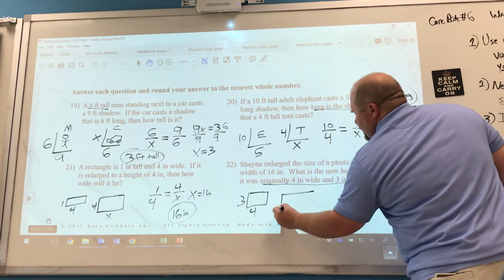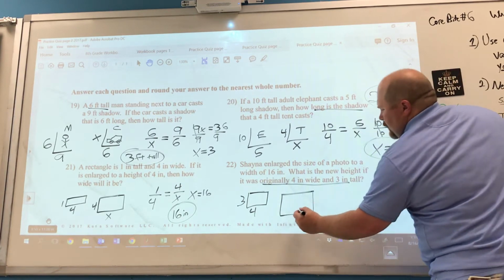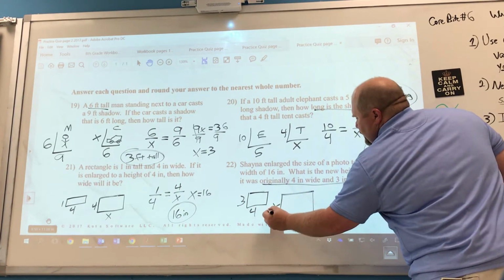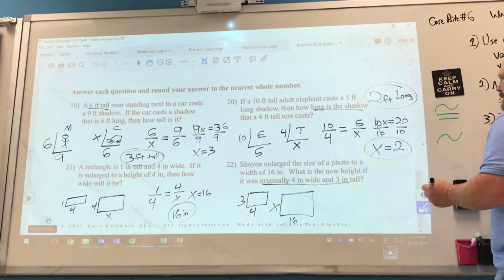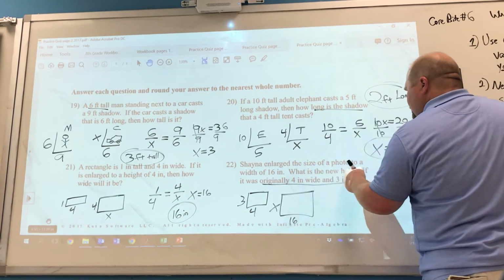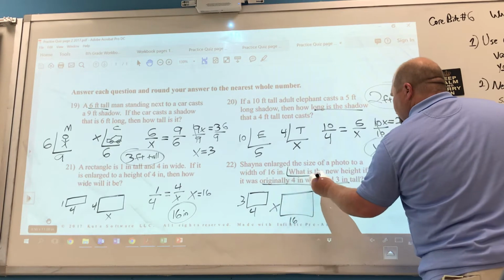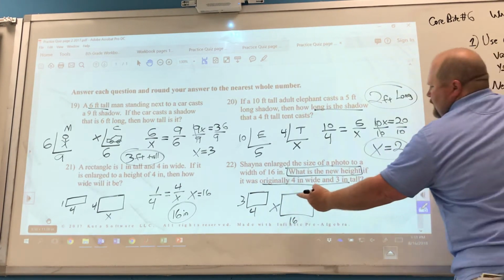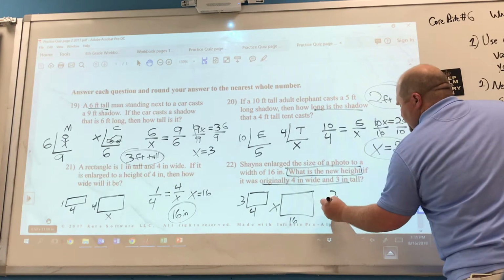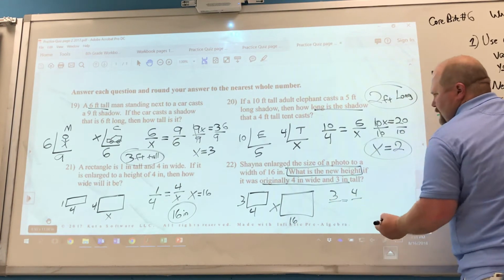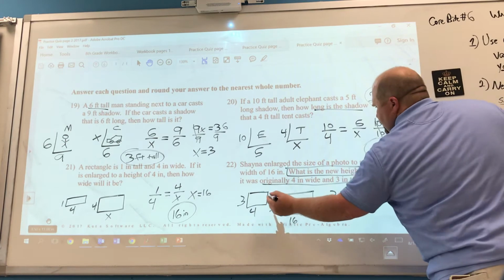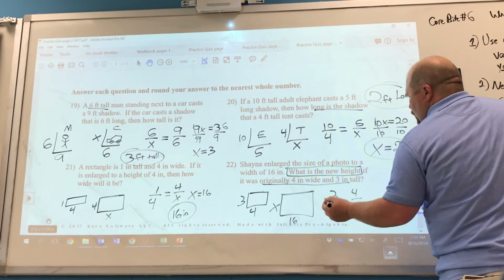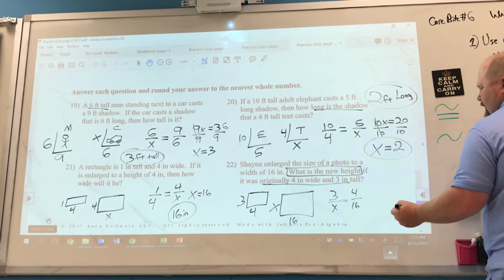And I'm going to enlarge that to a width of 16, and they want to know how tall will it be? What is its height? Okay, what is the new height? That's what we're trying to find out. That's represented by x. So we've got 3 and 4 across the top. 3 corresponds to x, and 4 corresponds to 16.